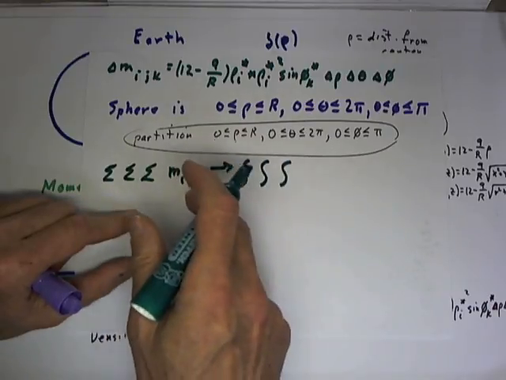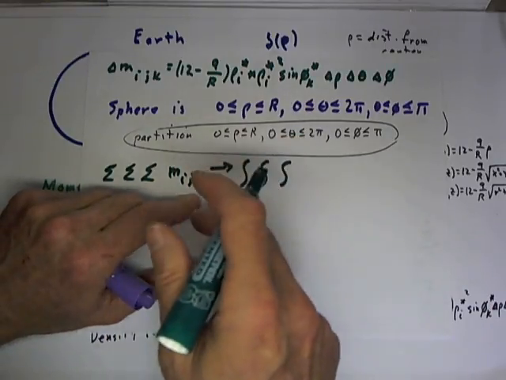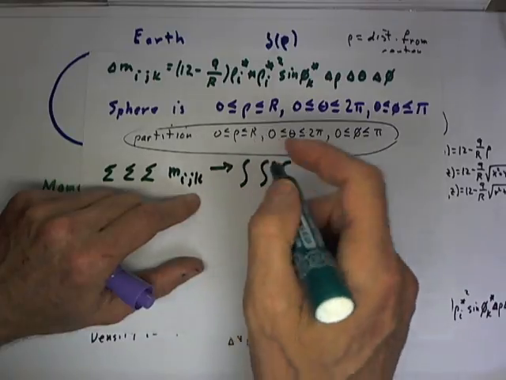Depending on the order in which we write this out, we could write this triple integral in any of a number of ways.